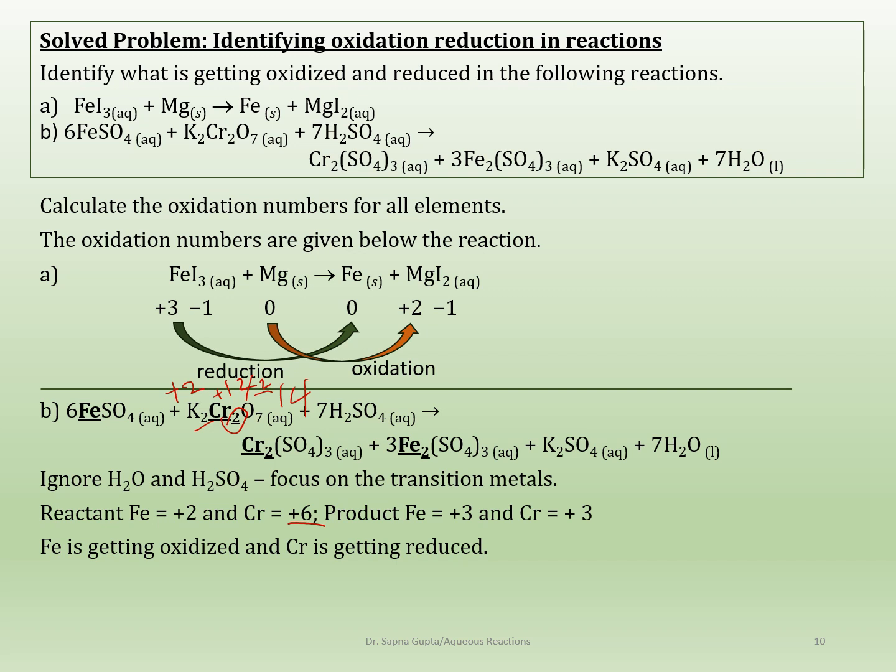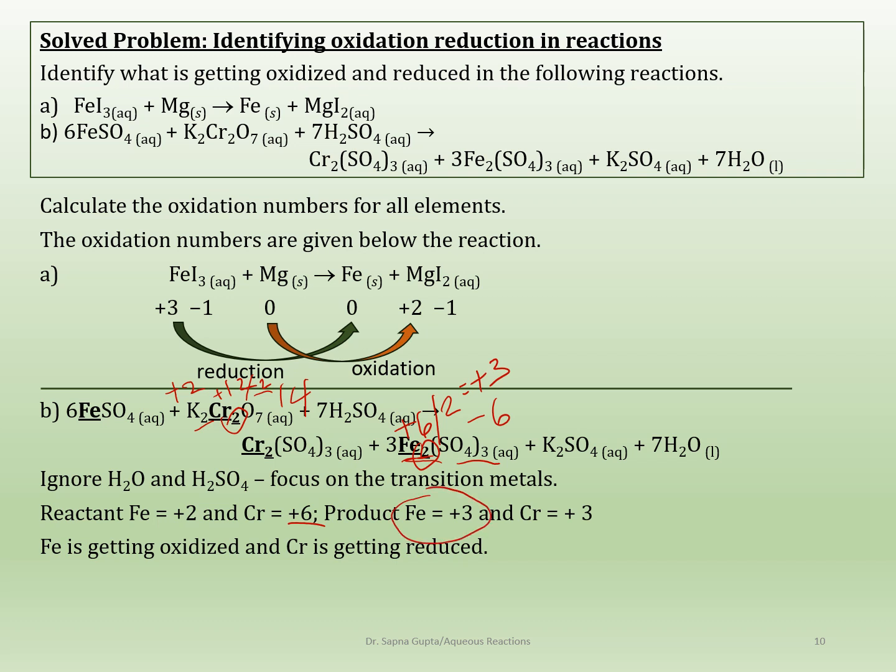So now let's look at the products, and in the products here is the iron, and iron here is bound to sulfate. How many sulfates do we have here? We have 3 sulfates, so 3 times -2 is -6. Which means that iron here total must be +6, but we have 2 of the iron, so divided by 2, that is then +3. So iron is +3.